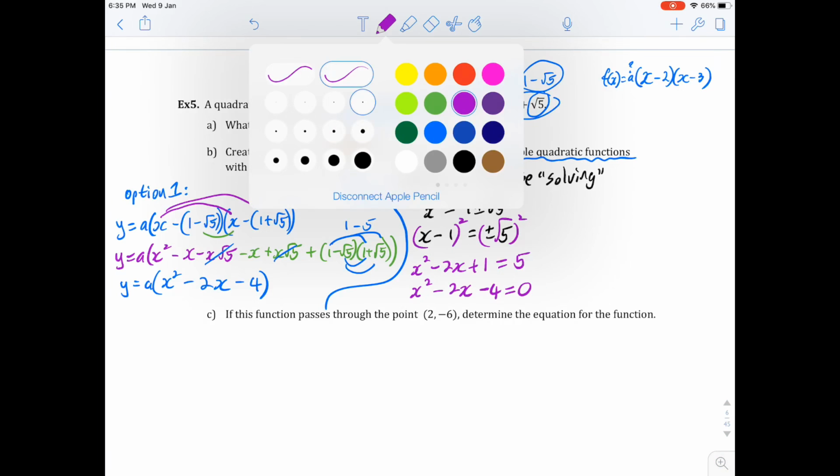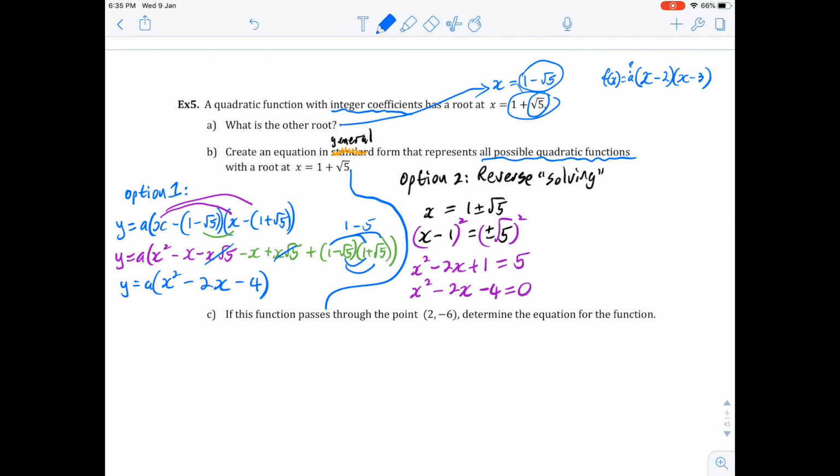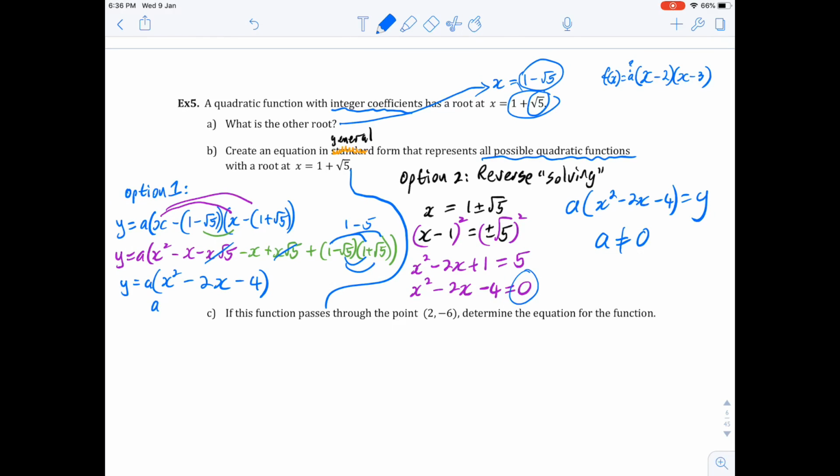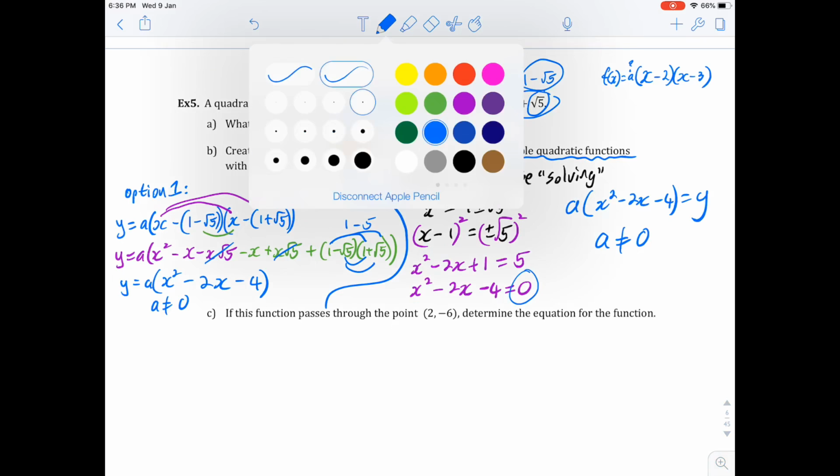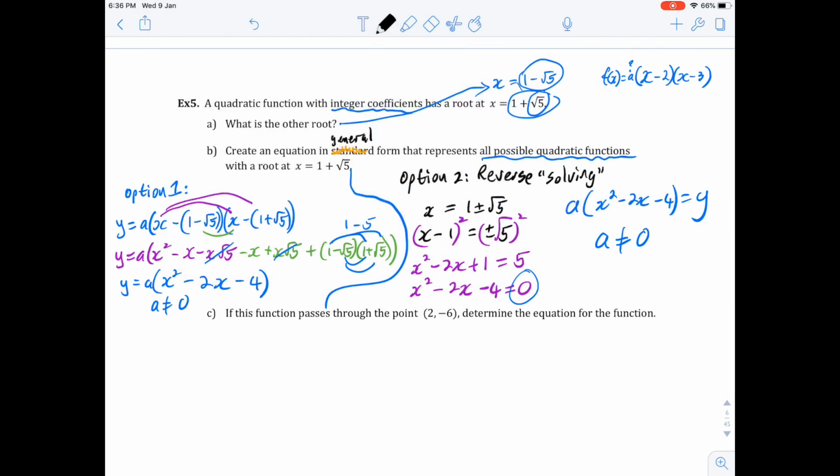I'm going to reintroduce the y equals, because of course in order to solve we equate y to 0, so I'm going to replace the y and also introduce my a term, so x squared minus 2x minus 4 is equal to y, and the final piece that we need is to specify that a cannot be 0, and so we'll do that on both sides. So don't forget that it's an important domain restriction, otherwise the expression is not valid.